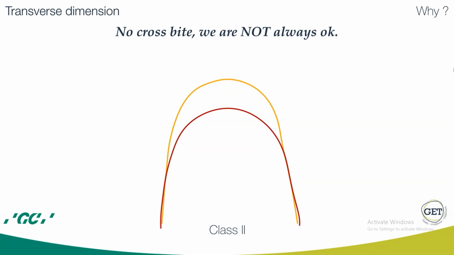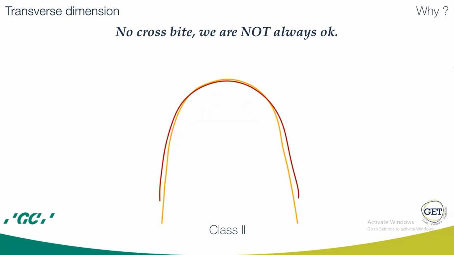But if we take cast models and try to put them in class 1, we can observe sometimes that transversally it is going to result in cusp-to-cusp occlusion. This is a sign that we have a transverse discrepancy, and in order to have good functional occlusion at the end of treatment, we need to do some sort of expansion. Whether this expansion is going to be dental or skeletal remains to be determined.